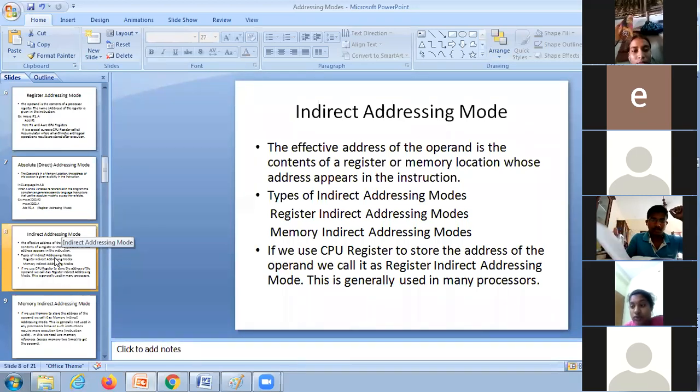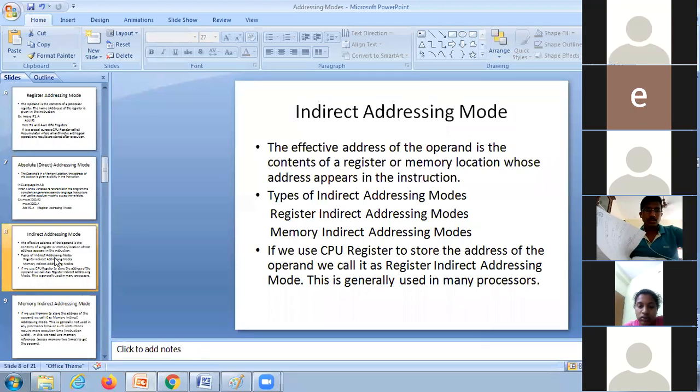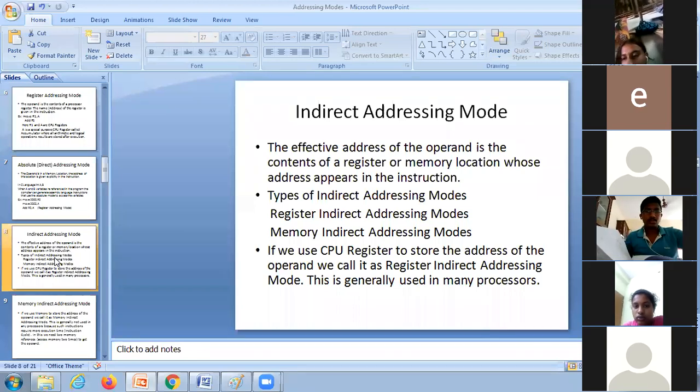What is the meaning of direct or indirect? In general terms, I will give an example. Suppose I call someone by a number, 18HU1A0423.